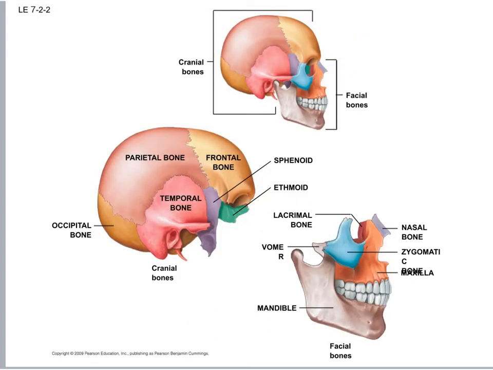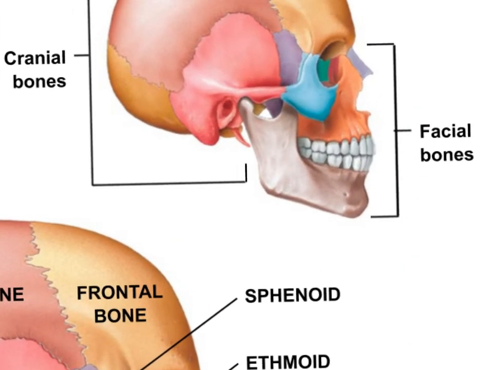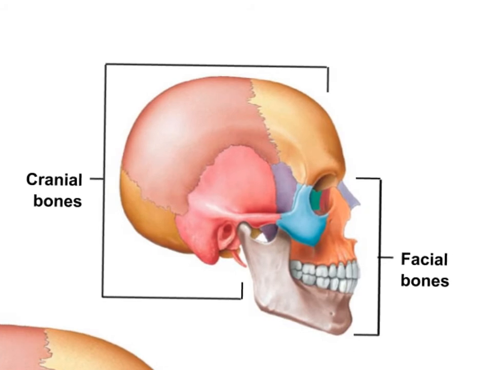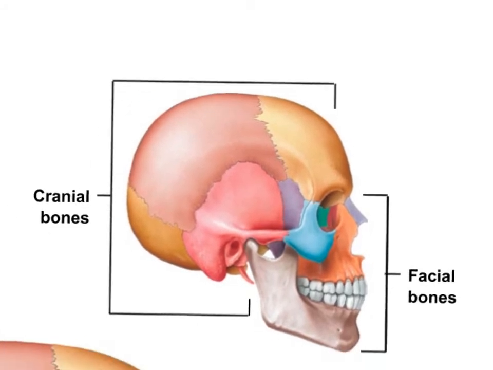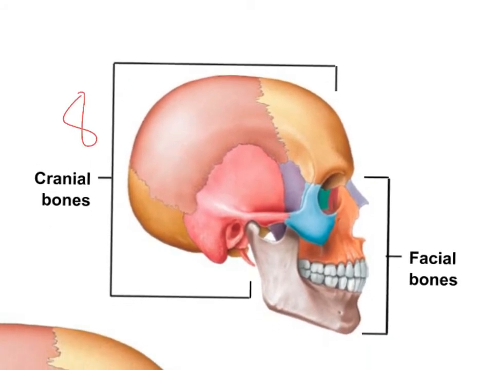So we'll start by looking at the skull. This skull is going to be on your lab exam. On the skull, we have 8 cranial bones, okay? So there are 8 cranial bones, and there are several superficial and deep facial bones.